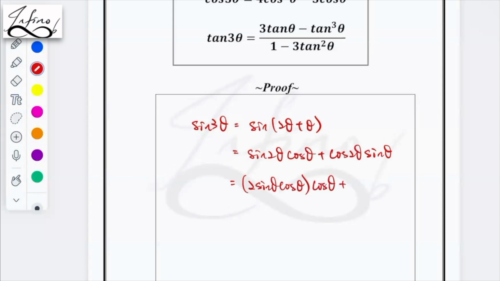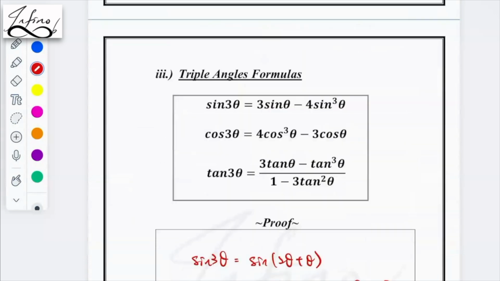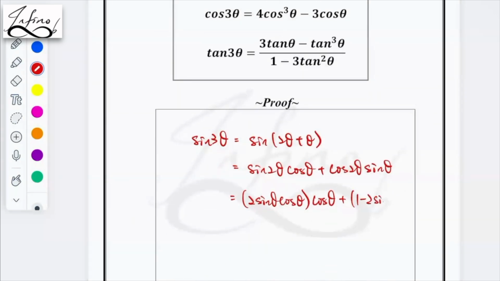For cosine 2 theta, I use the previous version, 1 minus 2 sine square theta, times sine theta. Here I combine it: 2 sine theta cosine square theta plus 1 minus 2 sine square theta times sine theta.